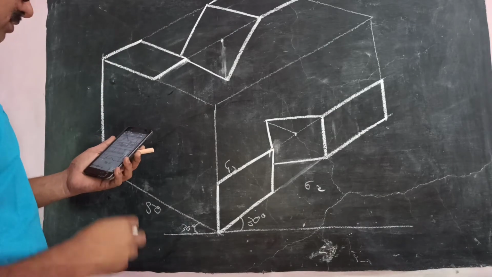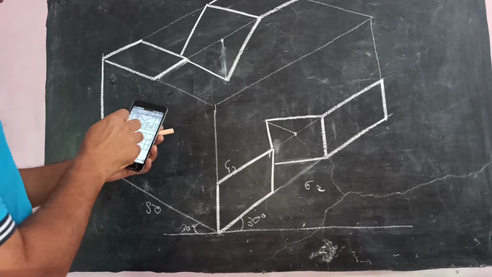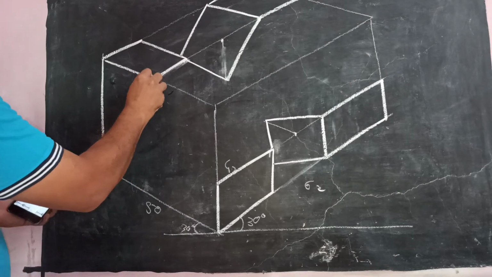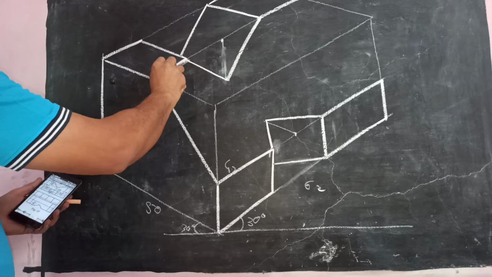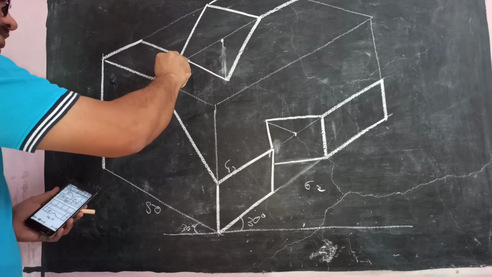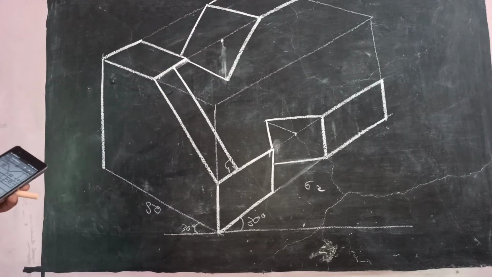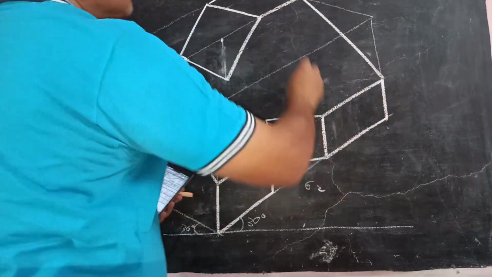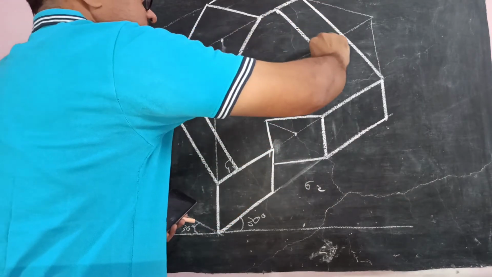Then from here there are two pillars of 9 mm. These pillars are inclined, we have seen that. So this corner is to be connected to this. Then mark this 9 mm and draw a line parallel to this. Then this corner is to be joined with this. Mark this 9 mm and again draw a line parallel to this.